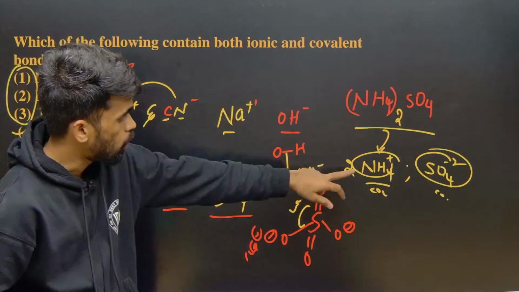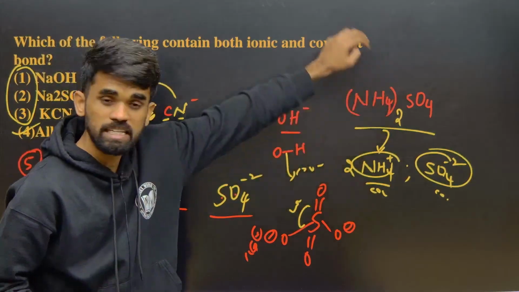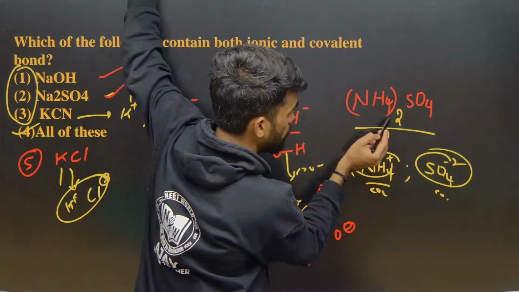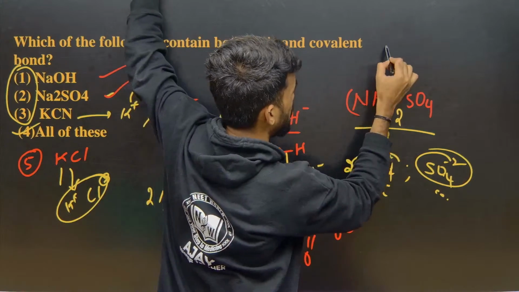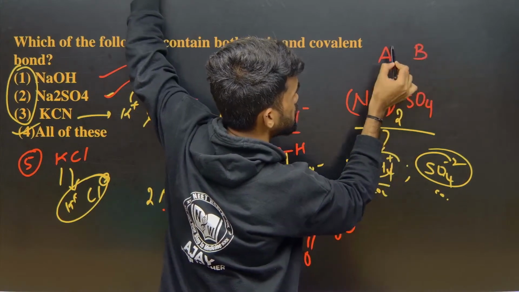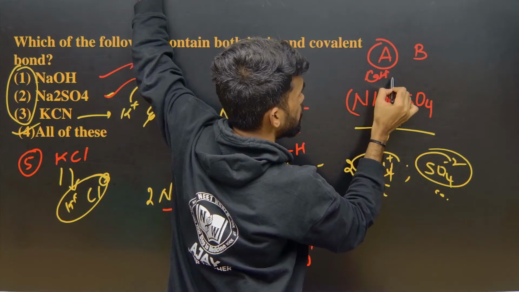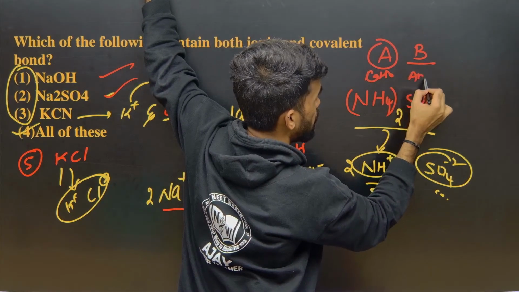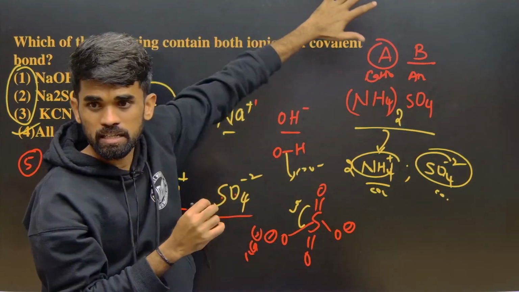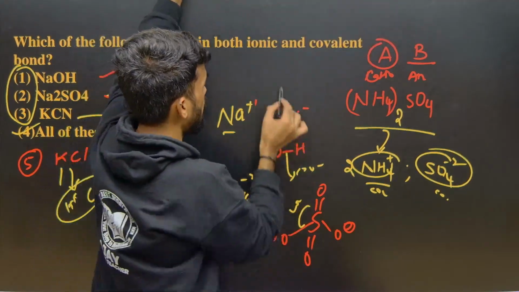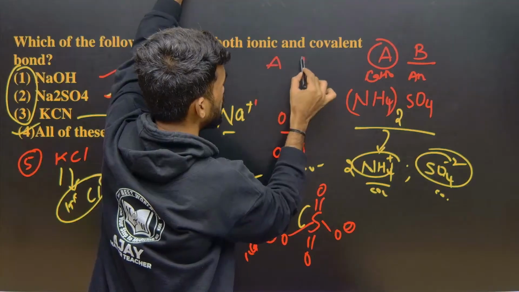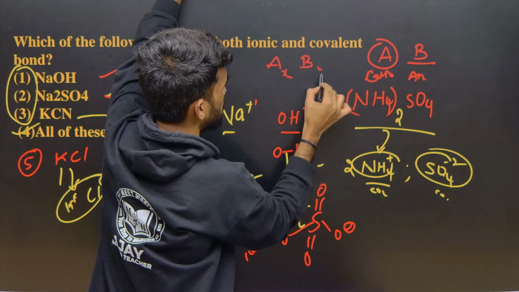Again, how I am splitting these two, how I am inserting the charges. See here, if I am writing AB, the A position is for cations, the B position is for anions. Always first write the cation, then write the anion. Now I am writing AB with X here and Y here.